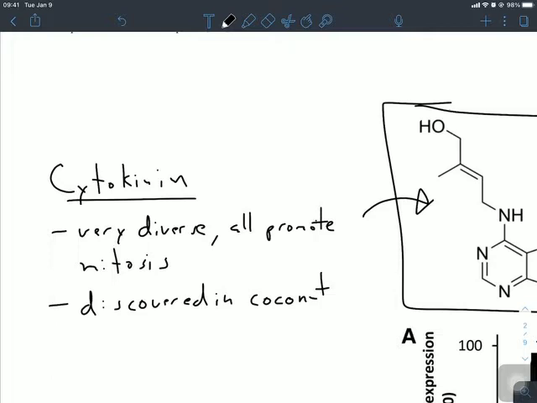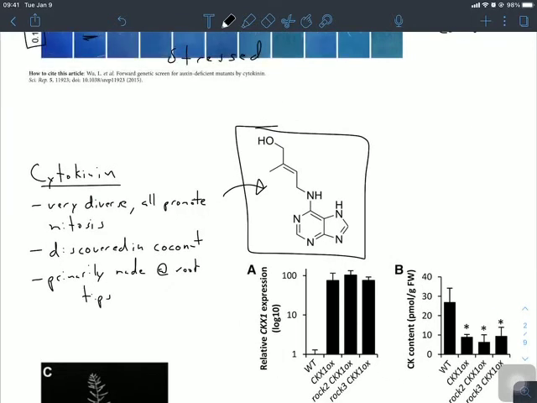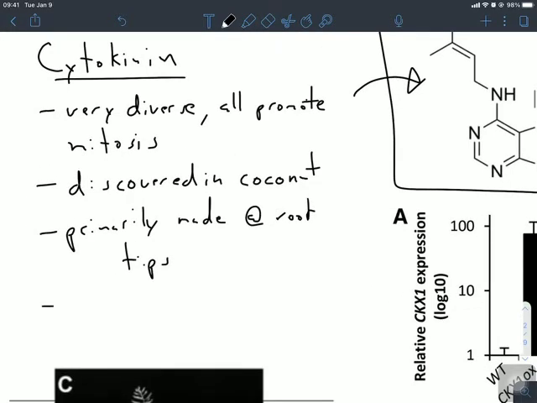They are primarily made at root tips, which is in stark contrast to our auxins. The cytokinins are made in the root tips and then transported via xylem elsewhere in the plant.